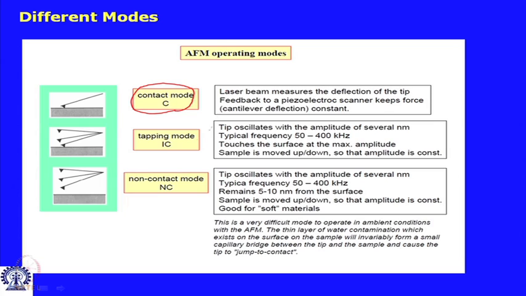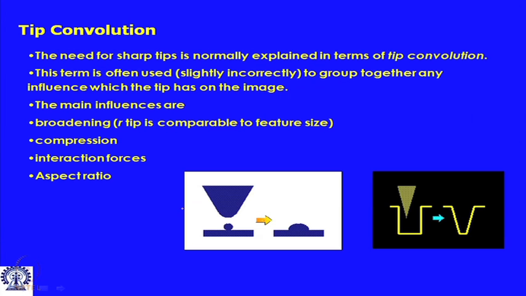So, one would go for an intermittent contact or a non-contact mode. Now the standard practices are to use either contact mode or an intermittent contact mode. Here are the details which I have already discussed. Non-contact mode also exists, but is rarely used for imaging, and we will see that in some special cases it is used.